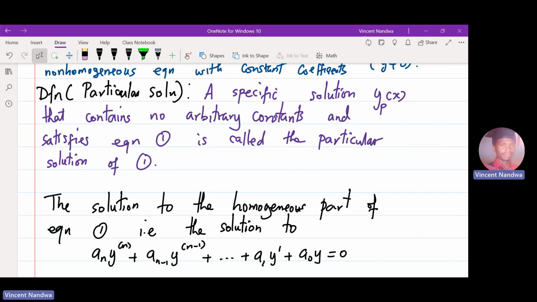Homogeneous simply means that now you fix the g part to be 0.